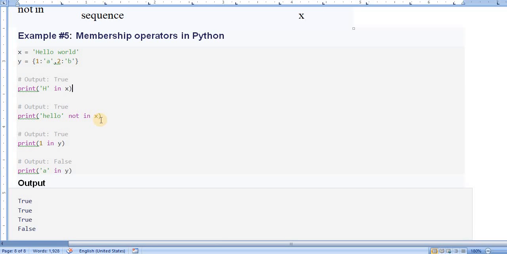And here, hello not in X. It will also check the case, because hello is written with a small h, and it will check the hello where H is a capital letter. So both are different strings, so it returns false, but with not the result is converted into true.